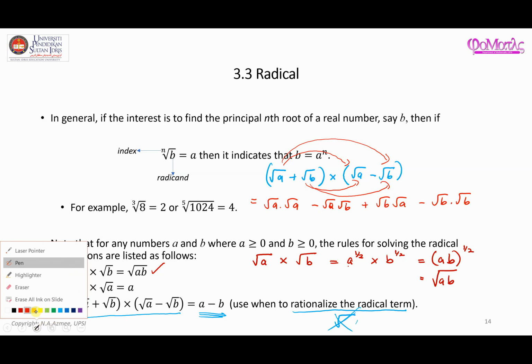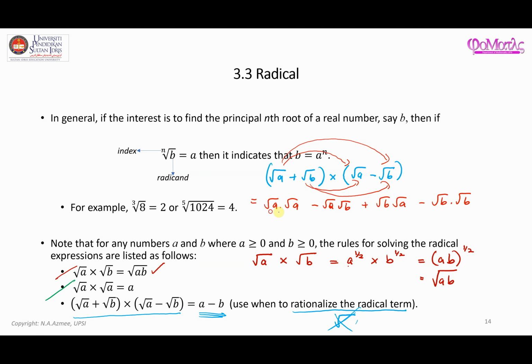Now over here, according to this law, we know immediately it's going to be equal to a. Minus, you can see that you have the same exponent here, which is a half and a half, and you can combine them together, so you will have square root of ab.